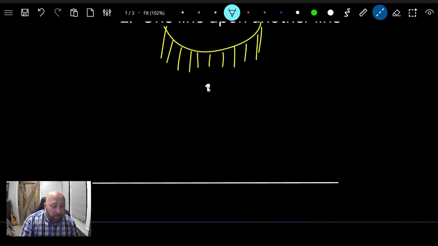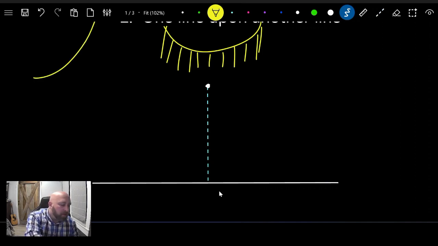There's going to be a shadow, if you will, and that shadow is going to form a straight line. Again, our light source is directly above it, so it's projecting this line straight down. So when you project a point onto a line, it creates a perpendicular line.